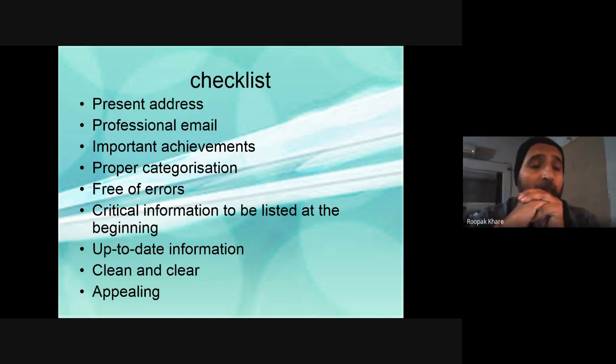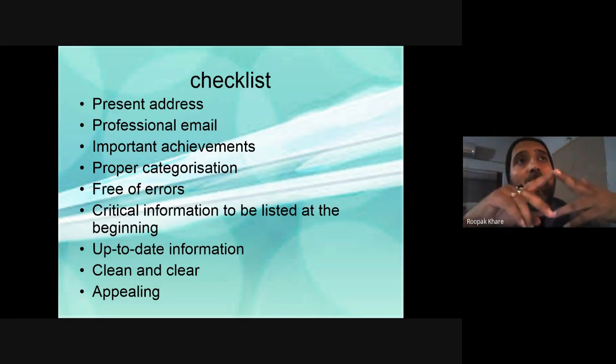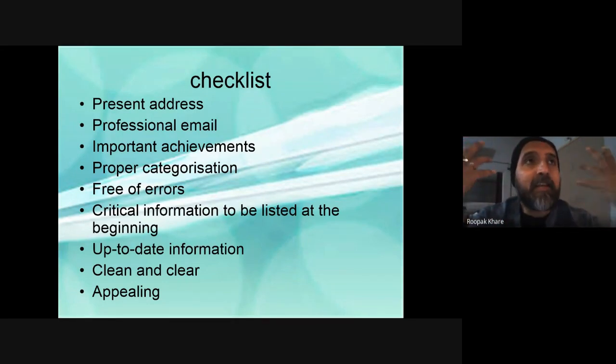Right? Then, critical information should be listed at the beginning. Anything which is crucial about the resume, about the person, should come right in the beginning. These days, most of us, when we write our resume, the first thing on top is your contact details, or at times the kind of professional skill that you have, your highlight.